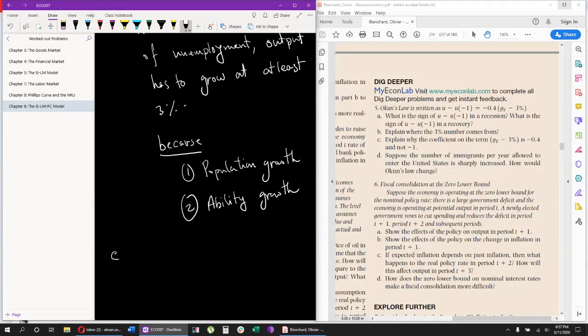Okay, let's move on to part C. In part C, we have to explain what the minus 0.4 means. So I'm going to write down the equation once again: U minus U-1 equals minus 0.4 times (gY minus 3%).